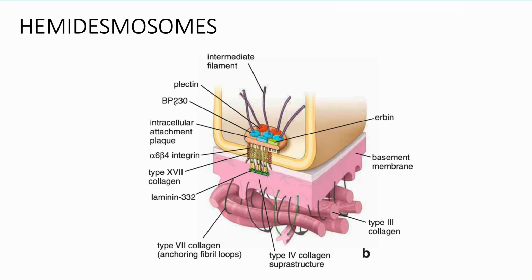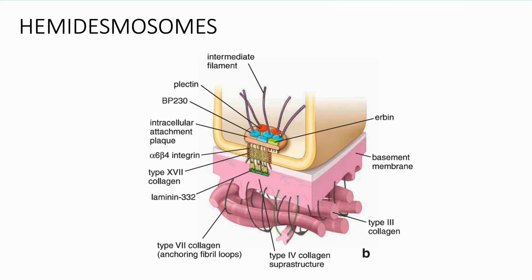The next component will be BP230, also known as bullous pemphigoid antigen 1, which is shown over here. And another one will be erbin, which is important in associating BP230 with the integrins, and all these structures form the intracellular attachment plaque in the case of hemidesmosomes.